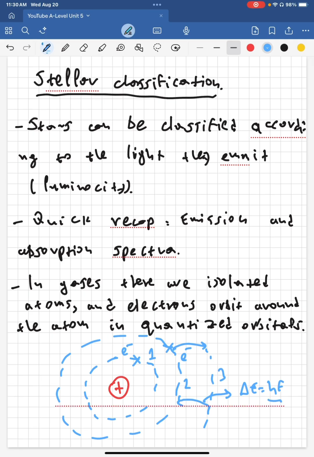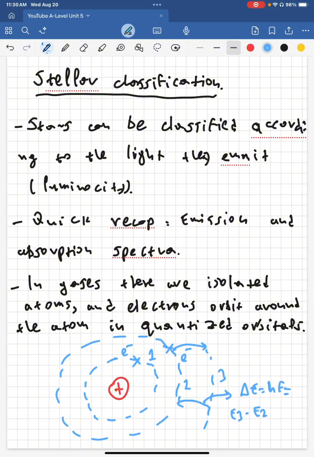The energy of the photon is equal to the energy difference, so basically this is E3 minus E2, where E3 is the energy the electron has in orbital 3, and E2 is the energy the electron has in orbital 2, okay? And this is all I had to say here.